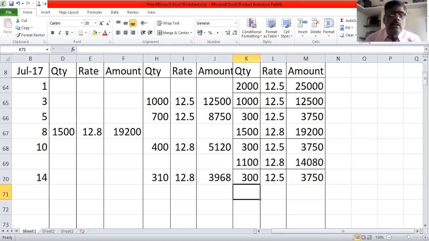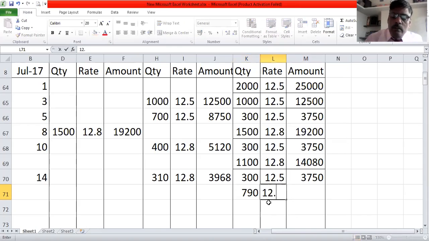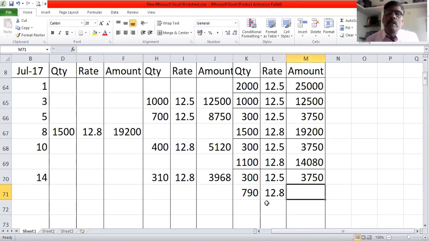You deduct 310, and the balance is 790 at the rate of 12.80. 12.80 into 790 is equal to 10,112.